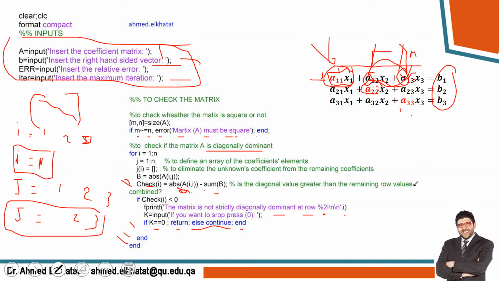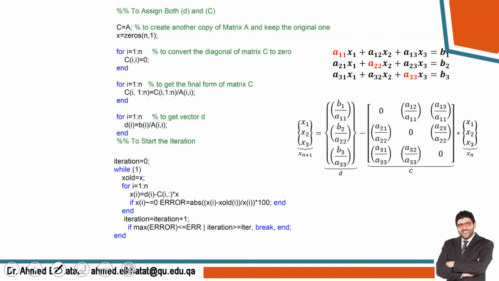It's okay. I know maybe it's a little bit complicated, but please revise what I did again and try to make it by your hand to closely understand how the logic works. Now we can start to make the iteration method.